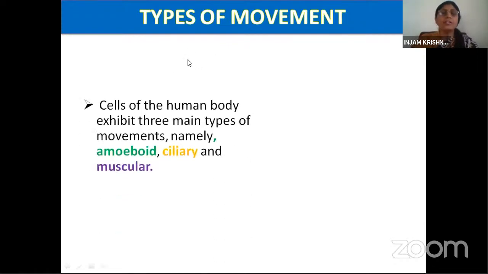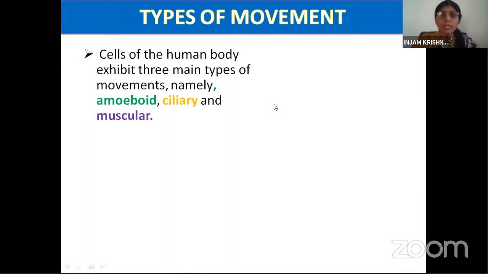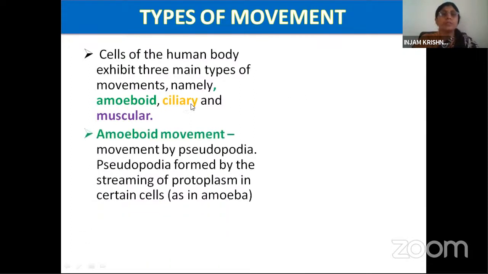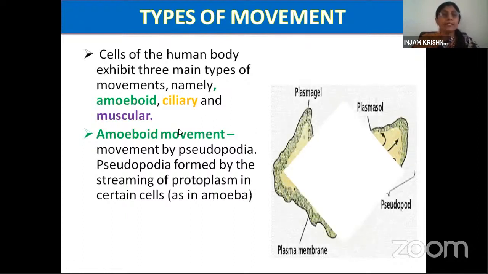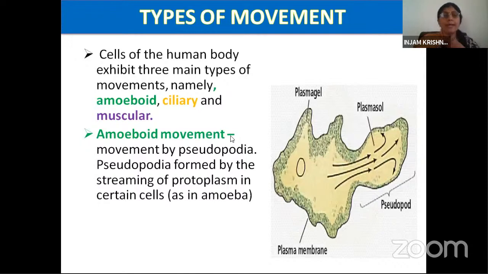Types of movement. Yes, our body consists of numerous cells and tissues. Some cells or tissues show different types of movements. See here, cells of the human body exhibit three main types of movements. What are those? Namely, amoeboid, ciliary, and muscular. Amoeboid movement.